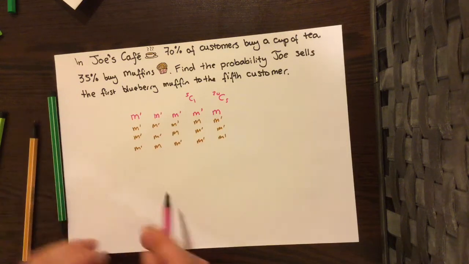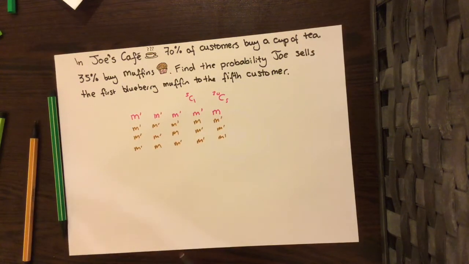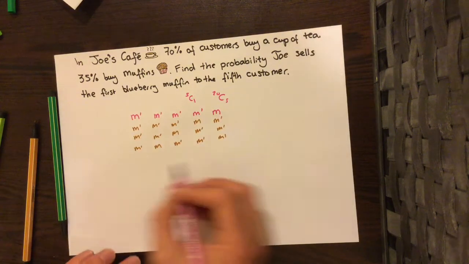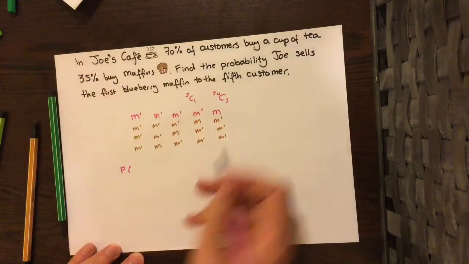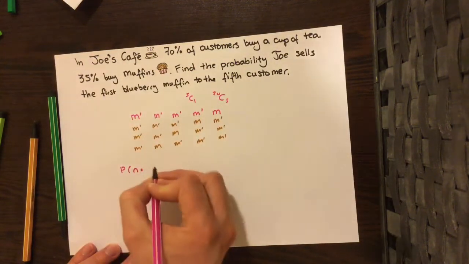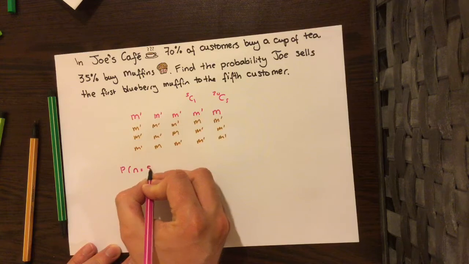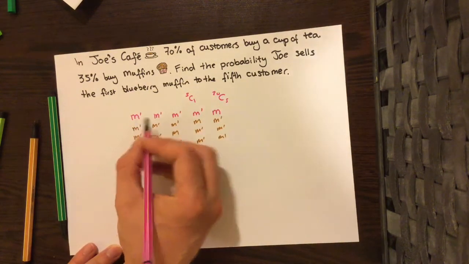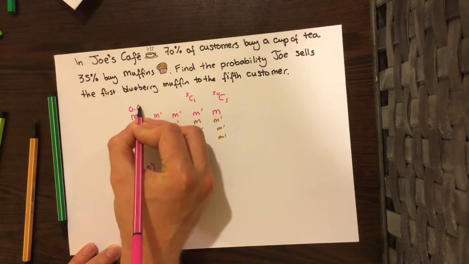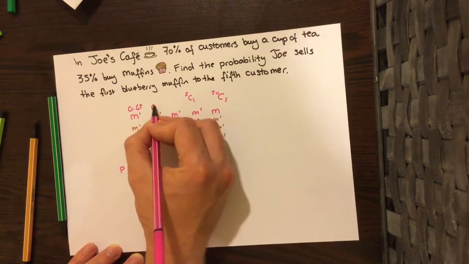So in this scenario, it's actually the same as what you used to much earlier on, maybe in your GCSEs or your lower courses. So the probability that, let's say we use n, that the 5th person, n is 5, is the person who buys a muffin, is literally going to be 0.65, which is the chance of not buying a muffin.